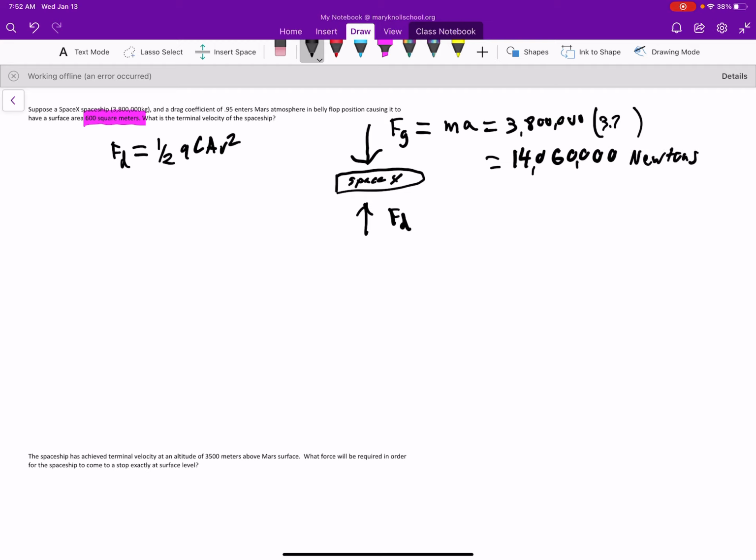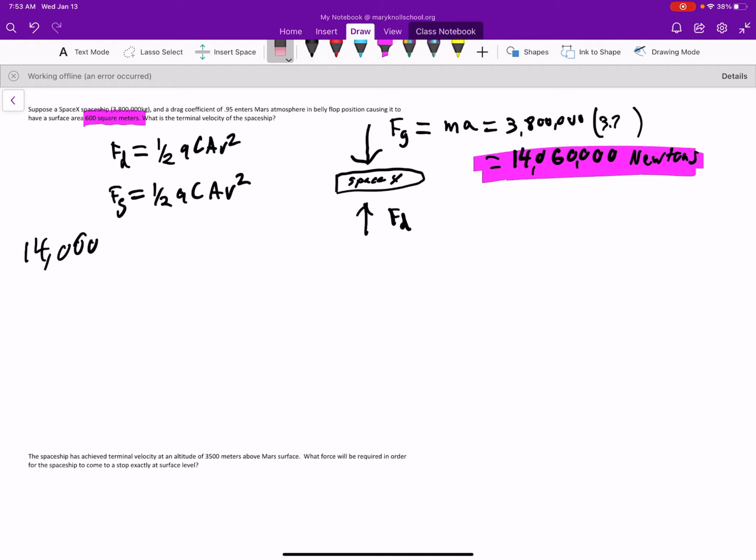Now remember, the force drag needs to also be this number since we're at terminal velocity. So we can change this to force gravity equals 1/2 ρ C A v squared. So force of gravity, that's about 14 million. It's supposed to be a 6.